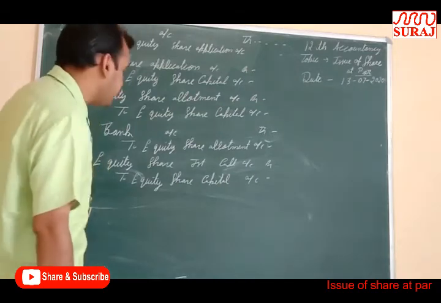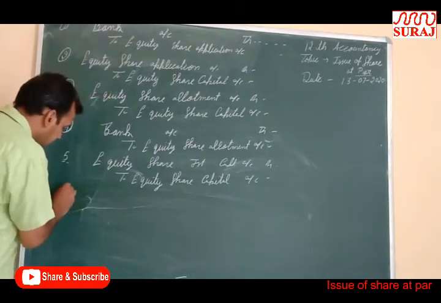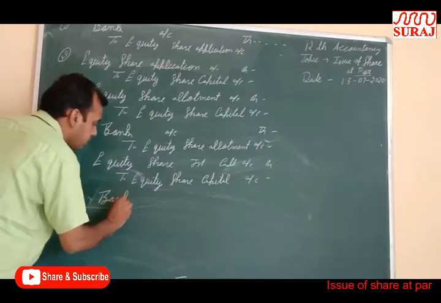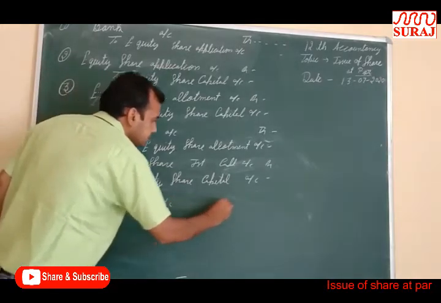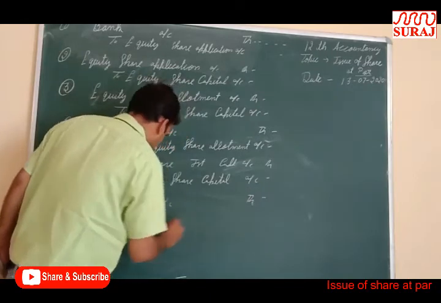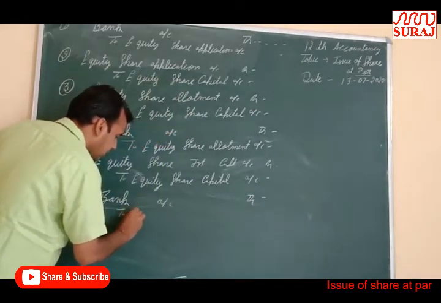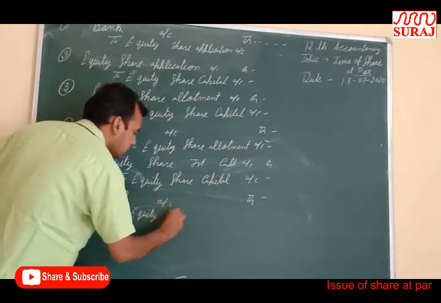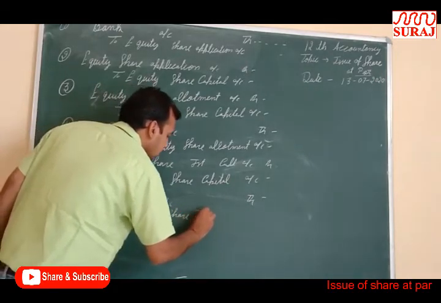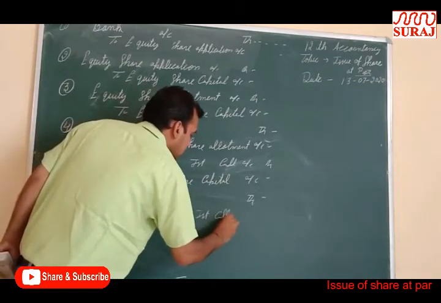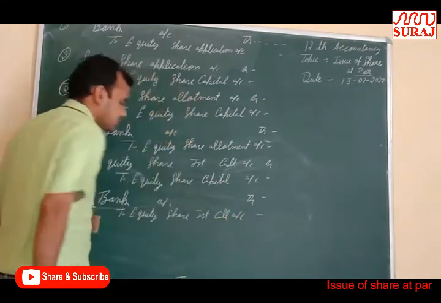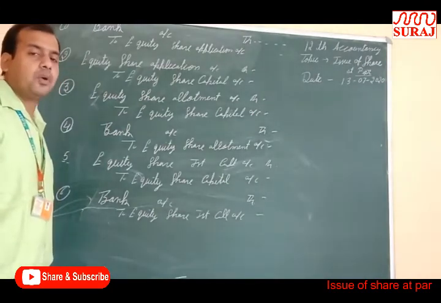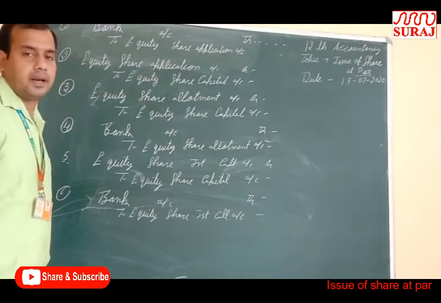Now, when the first call money is received, the entry will be passed: bank account debit to equity share first call account. After this, the company informs about the due of the final call.